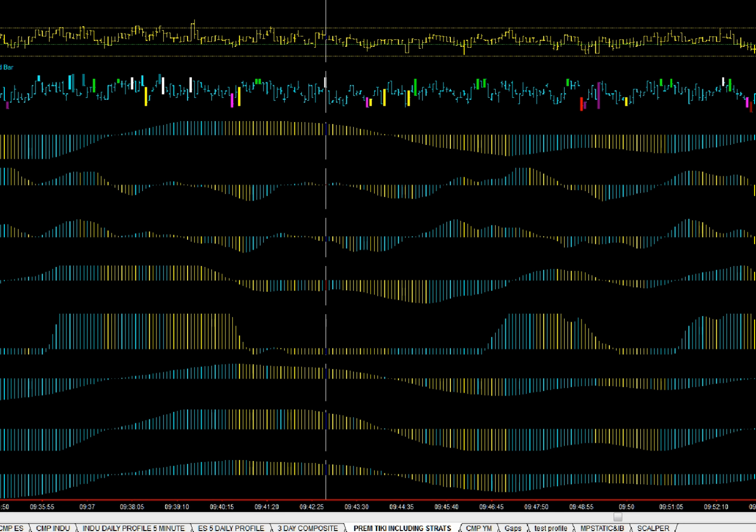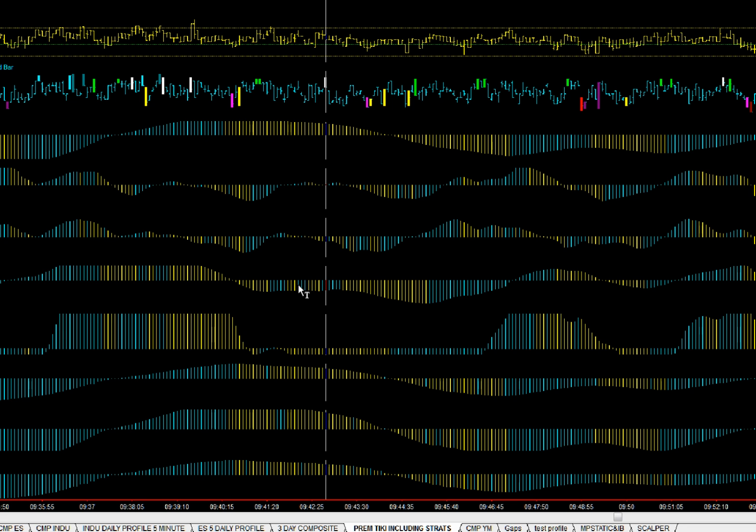In this chart here, we are showing you the actual premium and the TICI on this chart. Now the next four indicators are duplicates of the indicators that you just saw on the previous chart.